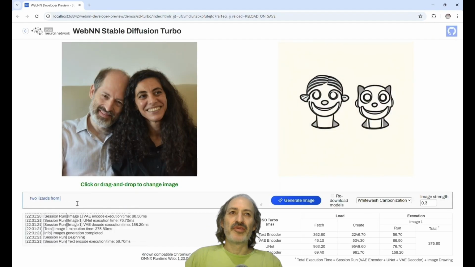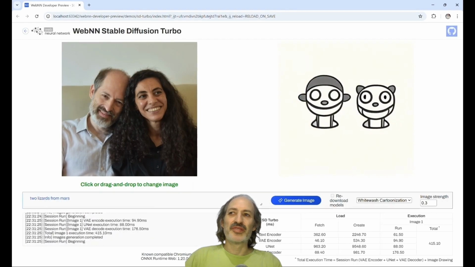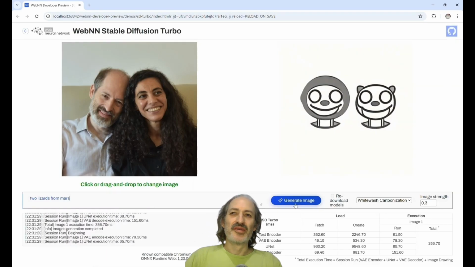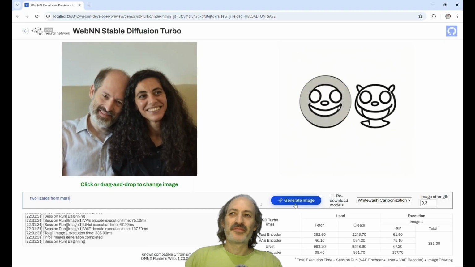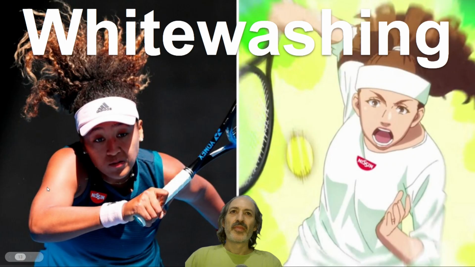And again, everything you're seeing is from this one initial image and one very simple initial prompt. Here I changed it to two lizards from Mars. So I call it whitewashing, and of course, it's a political term.